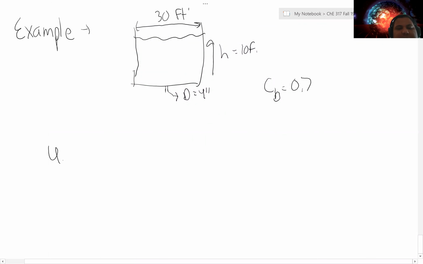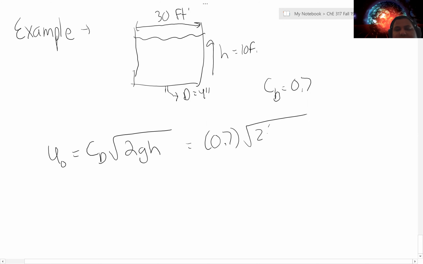So let's look at the initial velocity of the water. We can do the Bernoulli, but we already did. So I can just say u naught is equal to C sub D times the square root of 2gh, where the initial velocity is going to be 0.7 times the square root of 2 times gravity, which I left you all in English units, again, I know how much you love them, times the height, which was 10 feet.